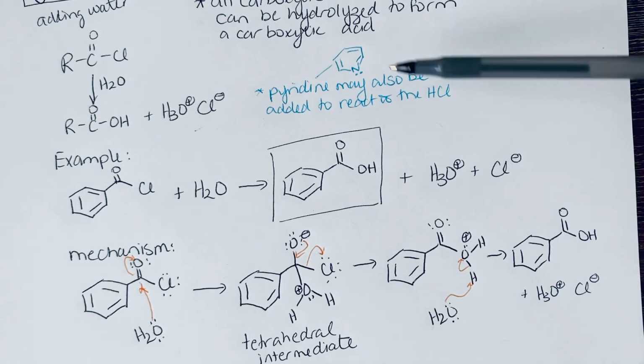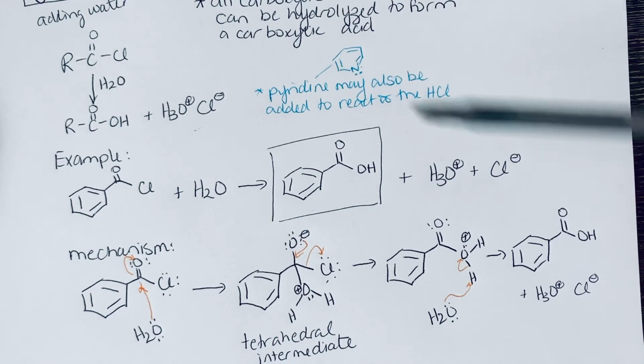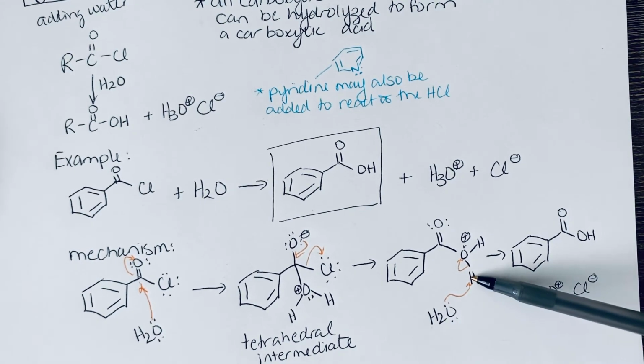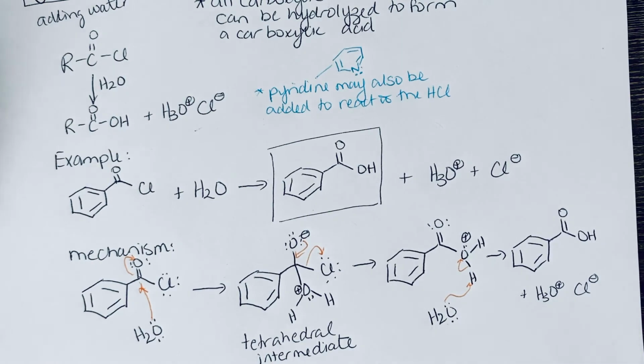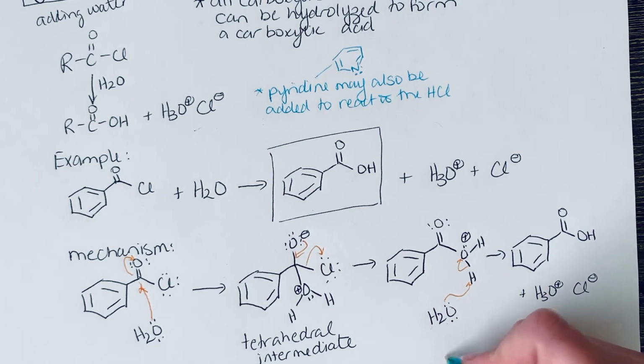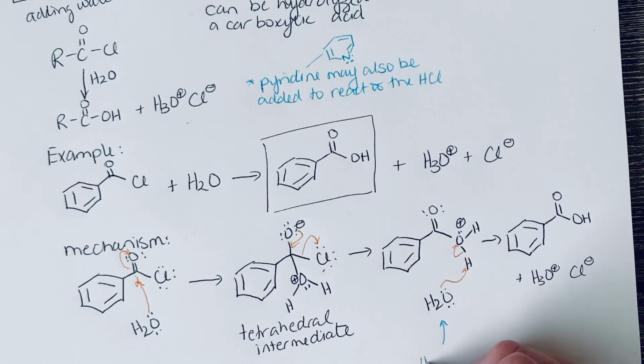And if you had used the pyridine as well, you would probably have had pyridine come in and take this hydrogen instead of water. So in case you are wondering about the stoichiometry here, why do we just have another water molecule appearing? There is a good chance that water is likely the solvent for the reaction.